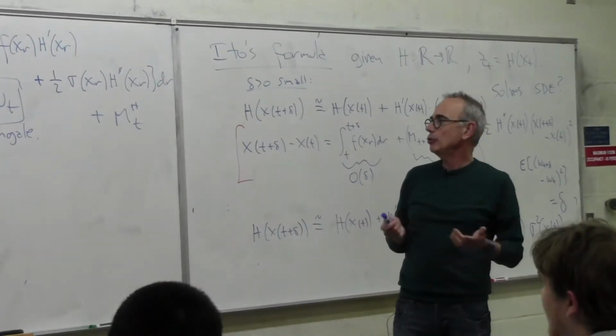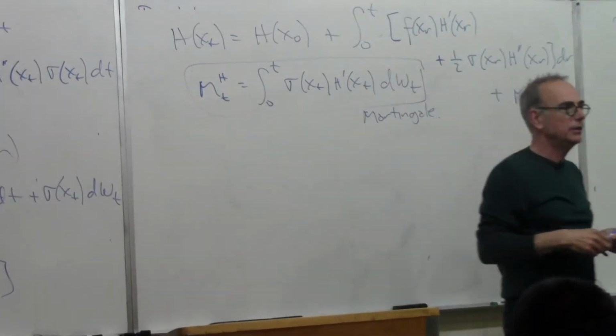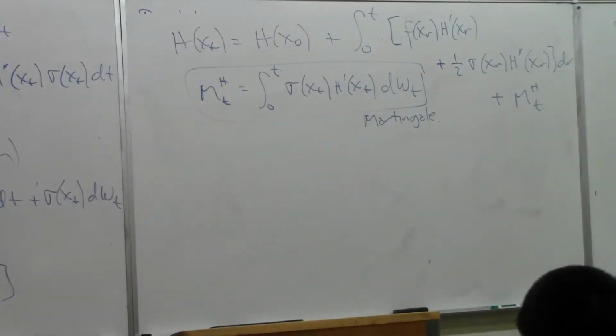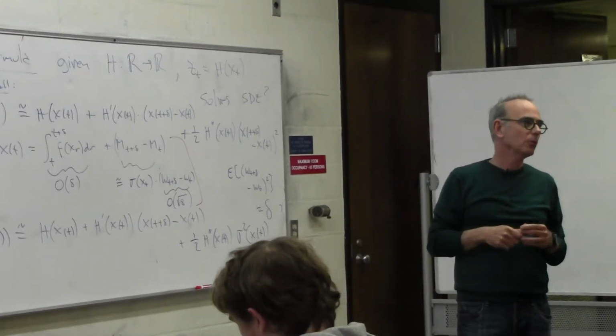Like in calculus, you do this because you'd like to understand the trajectory h of x_t. You understand exponentials and logs, and you want something else. What happens in probability? What are the kind of questions you ask?